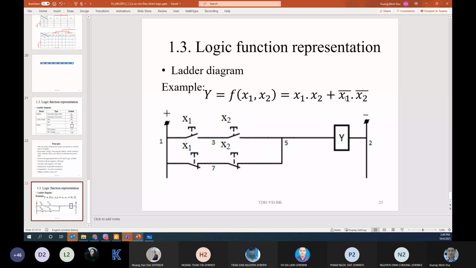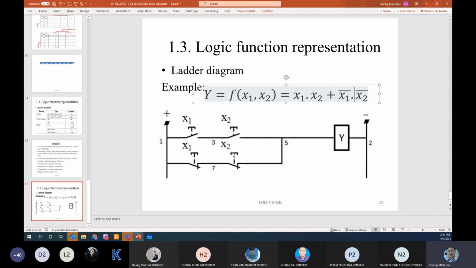Second, x1 negation must be a normally closed button, and x2 negation must also be a normally closed button. When it is a conjunction, it must be in series connection, and a disjunction is in parallel connection.